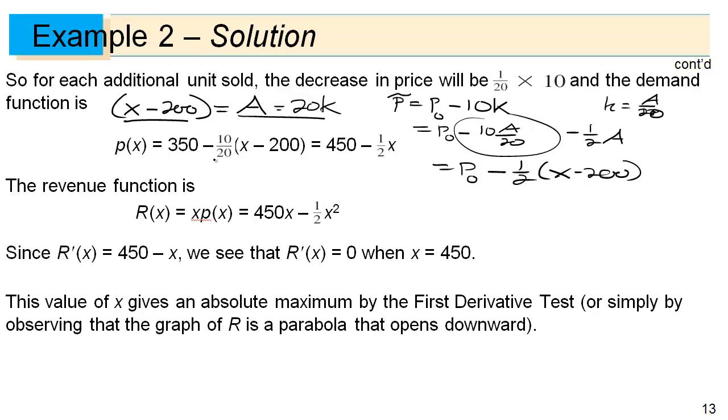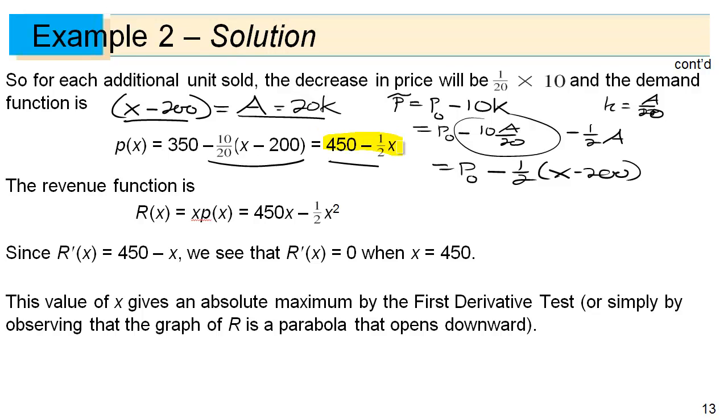See, that's where this came from. Then you just do the math, distribute that 1/2, and half of 200 is 100. And you get 350 plus 100, which gives 450 minus 1/2 x.